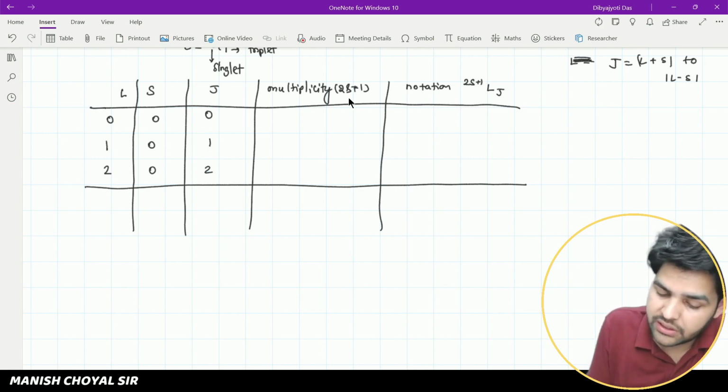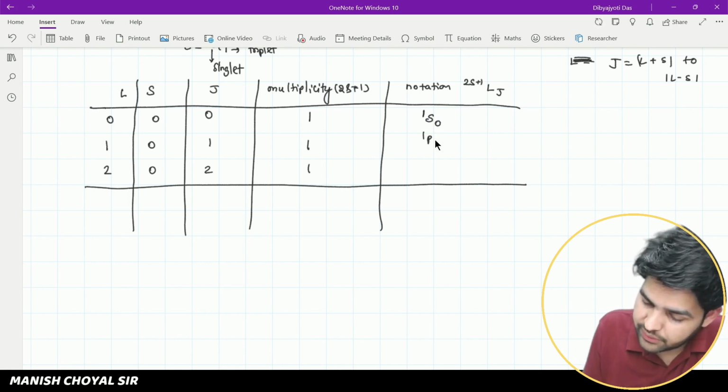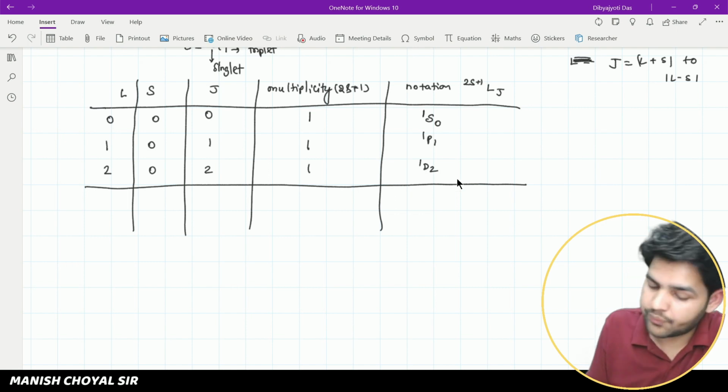So multiplicity corresponding to S equals 0 is 1, 1, 1 always. So the notations for S equals 0: multiplicity is 1, L equals 0 means S, and J is 0. Now next is 1P1 and next is 1D2.